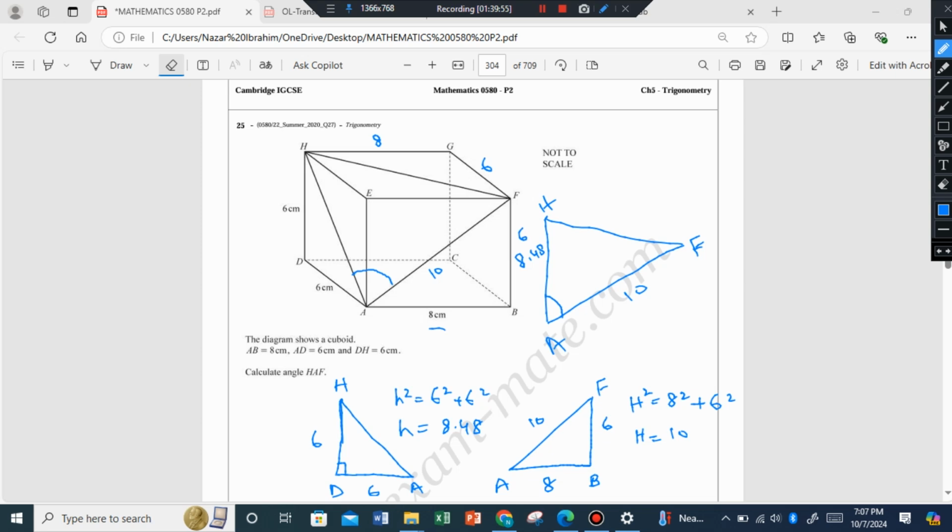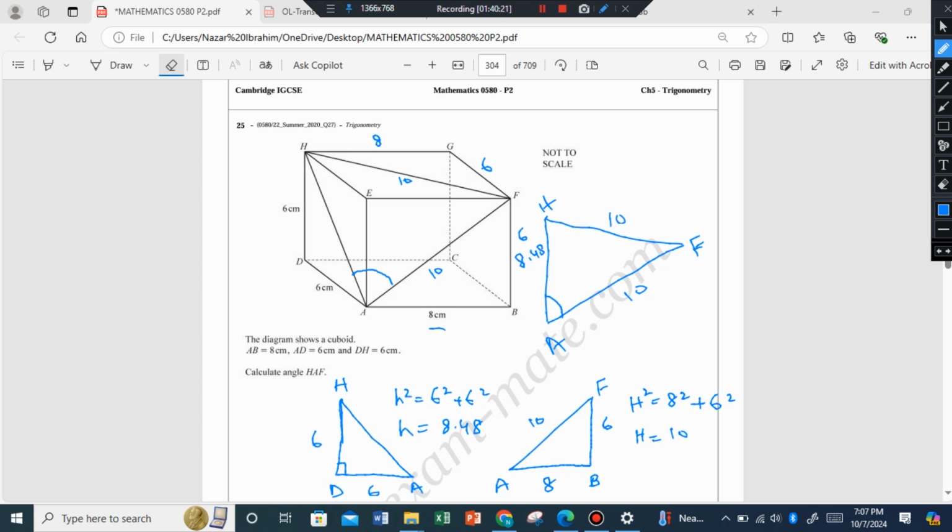So I will be getting 10 again. So this is 10, this is 10, and this was HA 8.48, right? So now we are with three sides. We just have to find out the angle HAF. It means this angle.